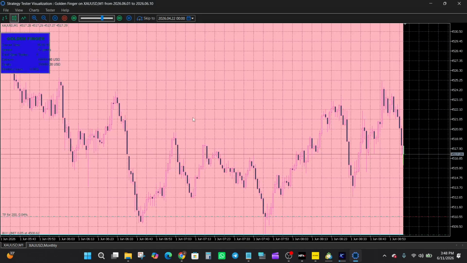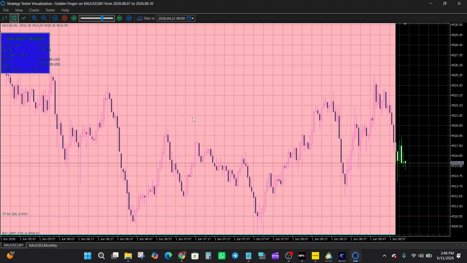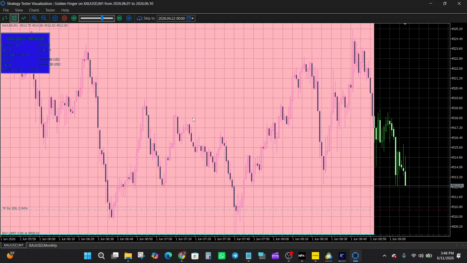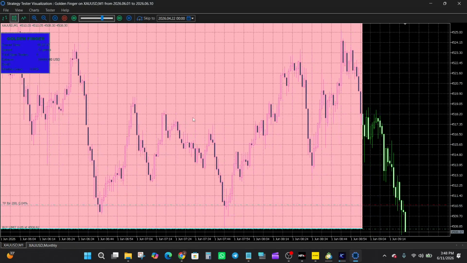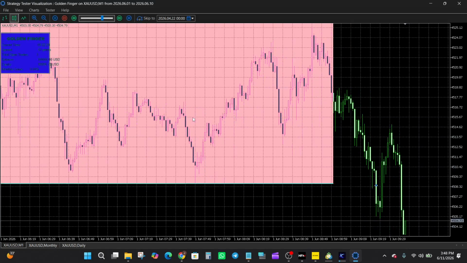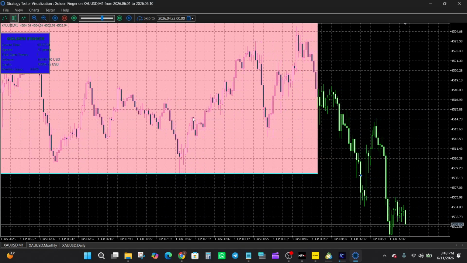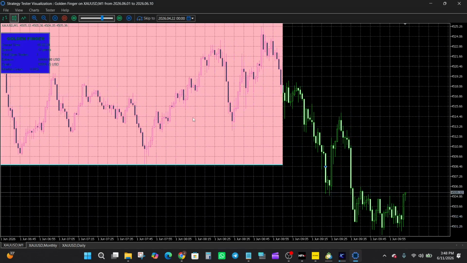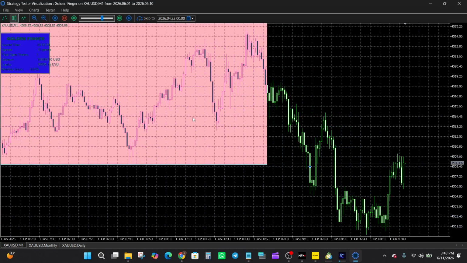Overall, this EA is built for traders who want a more structured, time-based gold trading approach, and I'd still recommend forward testing it before considering any live deployment.